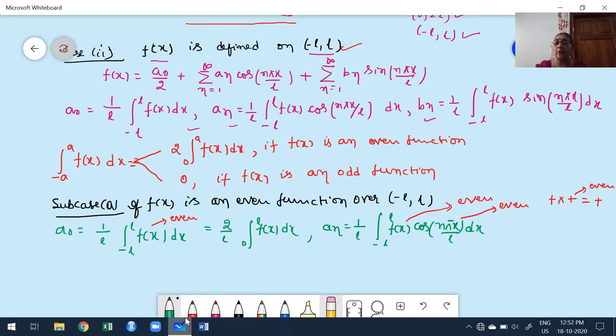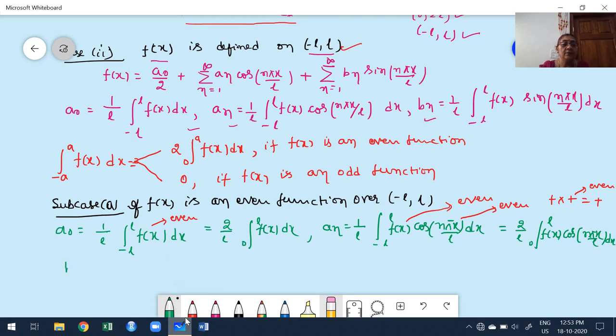Again from the definite integral property, this can be written as twice, 1 by L, integral from 0 to L of f of x cos of n pi x by L with respect to x. Because cosine functions are even and we already assumed that f of x is even, the product of two even functions must be even.